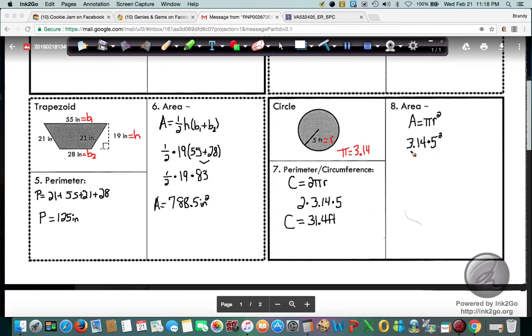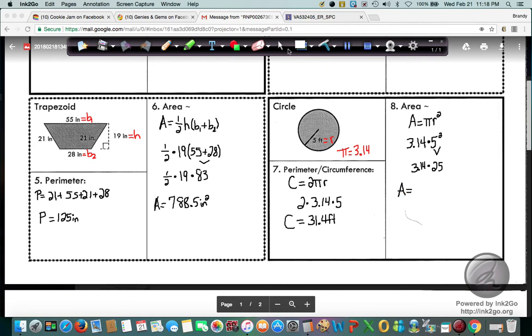I have a lot of kids that want to say, oh, 3.14 times 5 and then square it. No ma'am, no sir. You must do your exponent first. That's why you learned GEMDAS like years ago. So 5 squared is 5 times 5, which is 25. Now you can multiply pi, or 3.14, times 25 to get area.